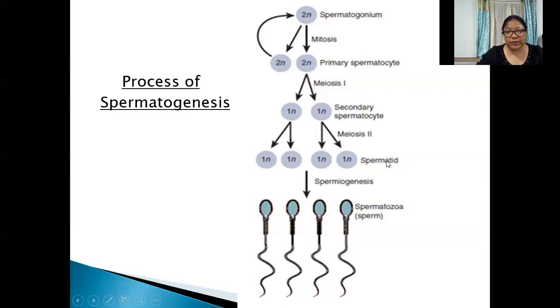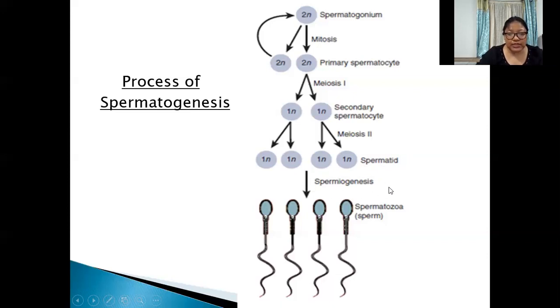Now after the spermatids are produced, they will start forming sperms. These spermatids are transformed into sperms, and sperms are nothing but the male gametes. This process where the spermatids get converted to sperms is known as spermiogenesis.